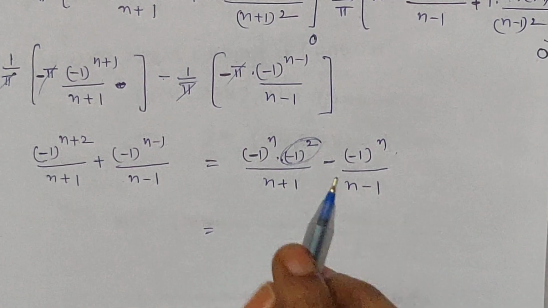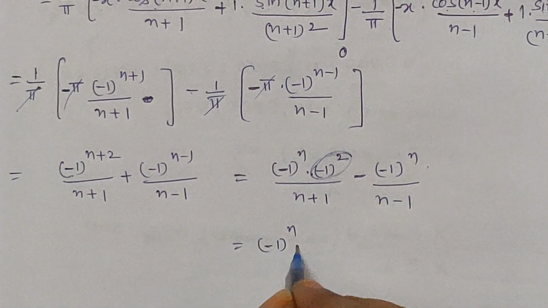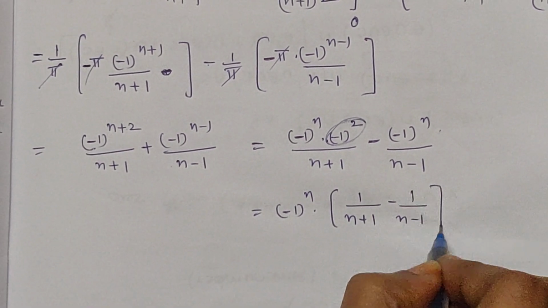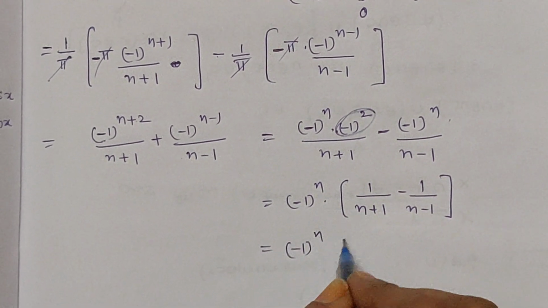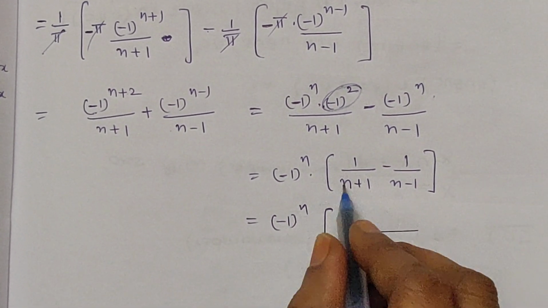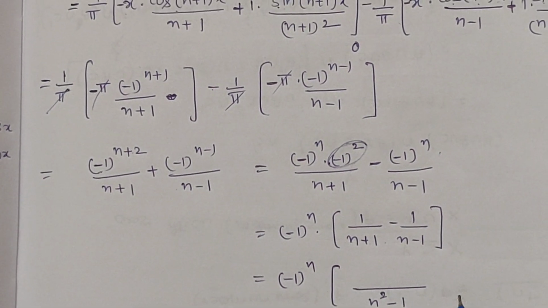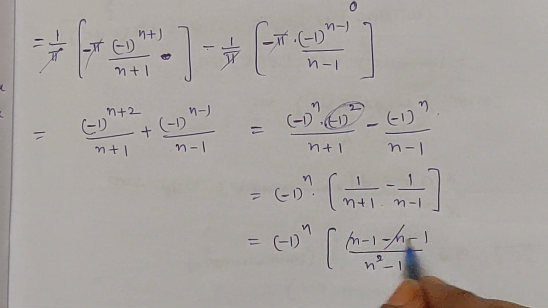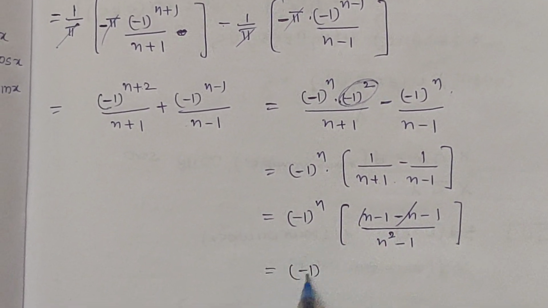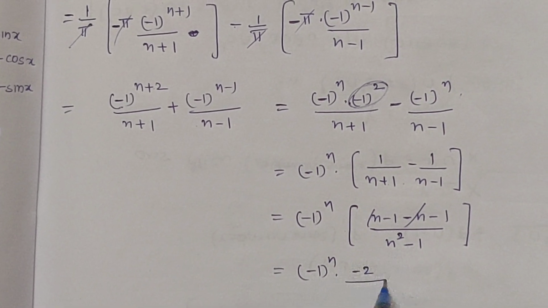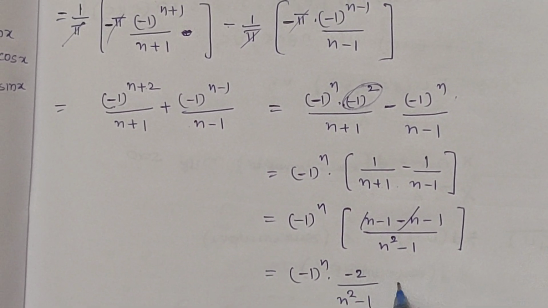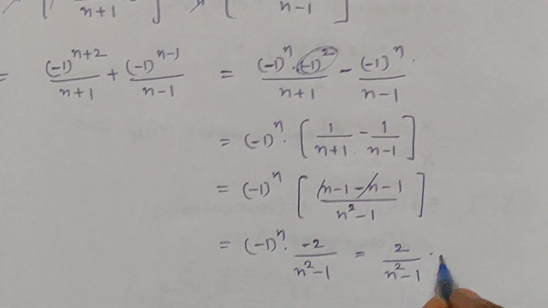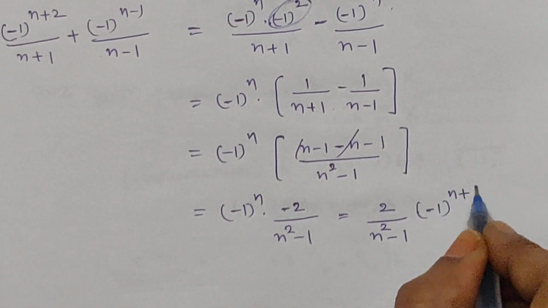This is 1 fixed, so by taking (-1)^n common, 1 by n+1 minus 1 by n-1. Undoing the simplification by taking LCM, (a+b)(a-b) is a square minus b square. Here you will get n-1 minus n-1, cancel. So (-1)^n into minus 2 by n square minus 1 can be written as 2 by n square minus 1 into, including the minus sign, (-1)^(n+1).